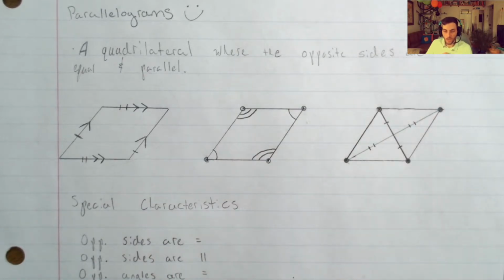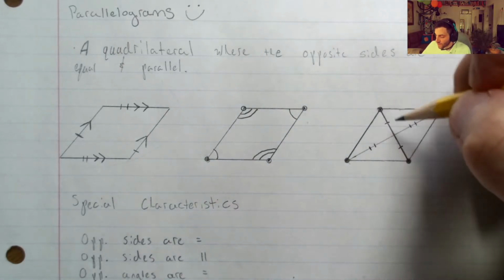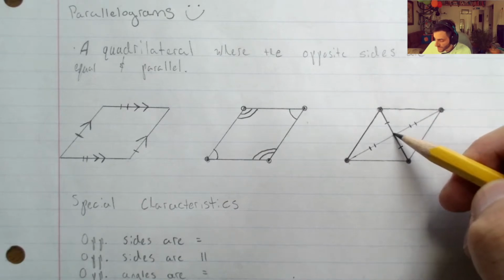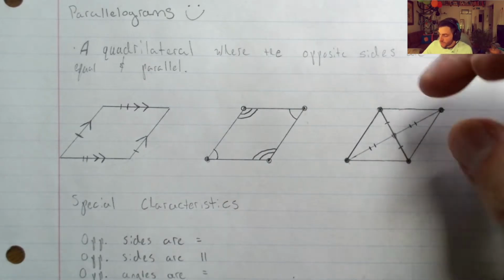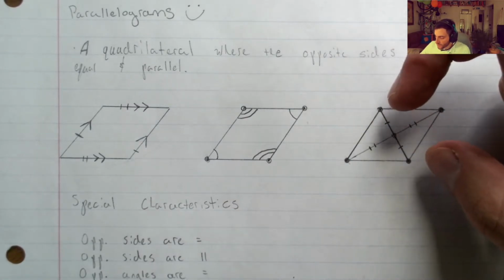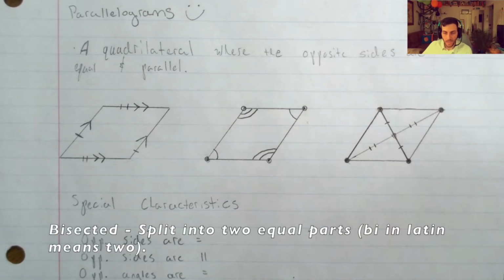In addition, because of these congruency pairs, we end up getting diagonals which, when they intersect in the center, get split, or what we would call bisected.